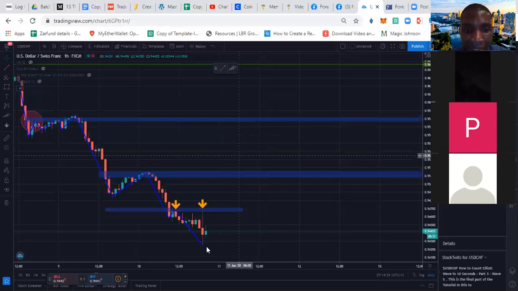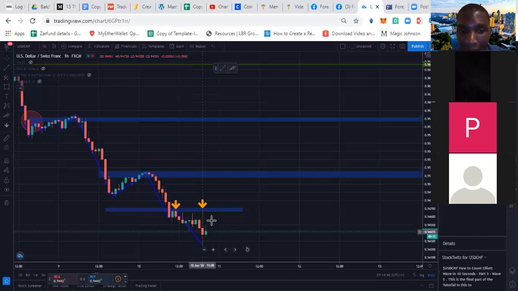Now, this market right now, as long as what we are seeing now, from here we are seeing a low. But we have not seen a correct pullback. When we see a correct pullback, we will have another structure.